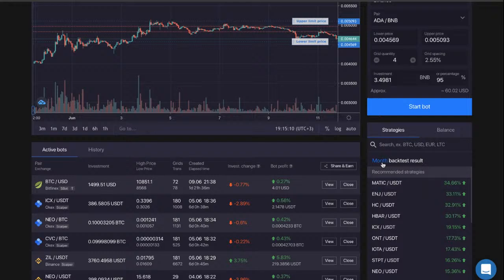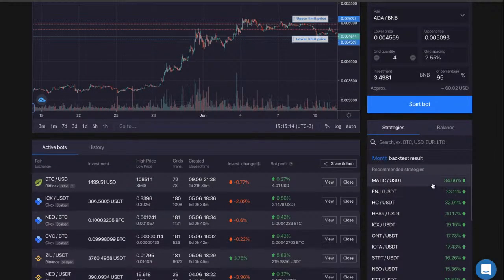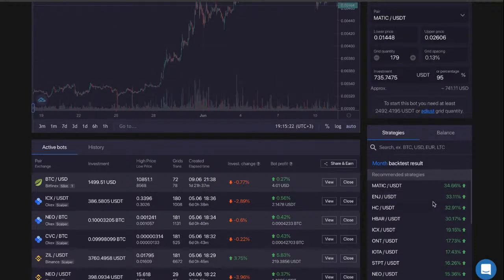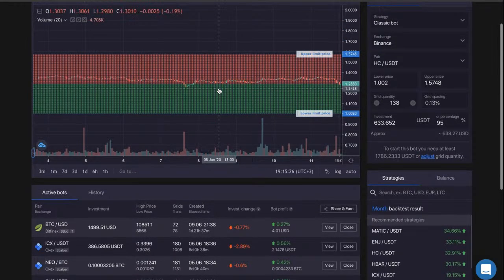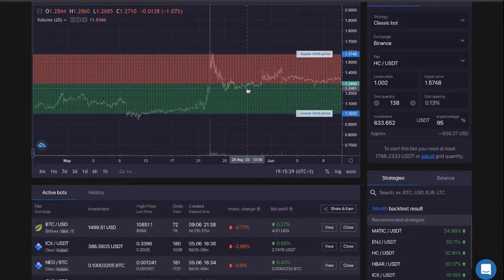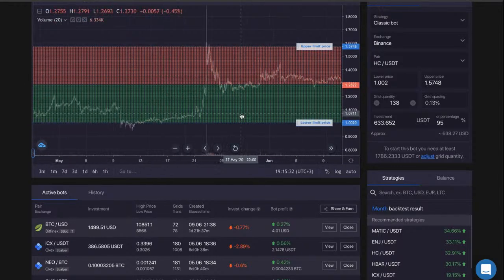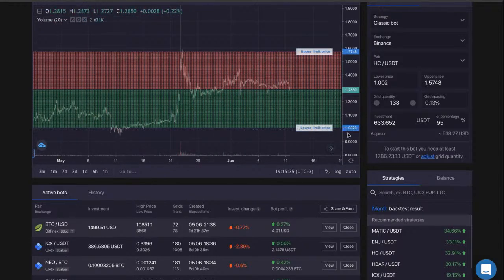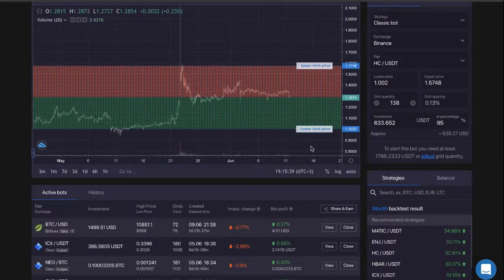So taking into account the data of the last month, these are the cryptocurrencies that had the best return. All right, and we also select them based on the liquidity, so that you will be able to have your trading on most liquid cryptocurrencies.